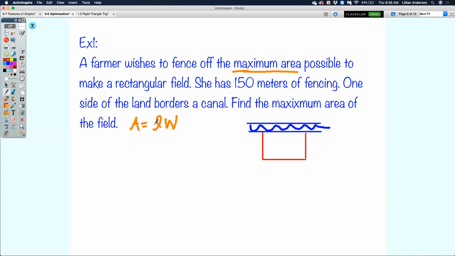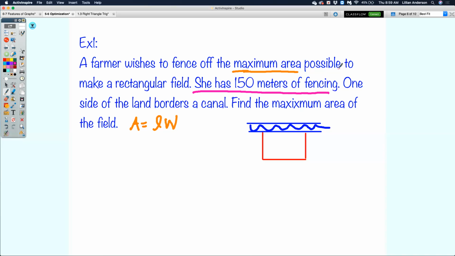So you're going to have to find a way to rewrite one of these variables in terms of the other. And from what we know, a part of this question is that she has 150 meters of fencing. That is definitely going to come into play in order for us to write our equation in terms of one variable.